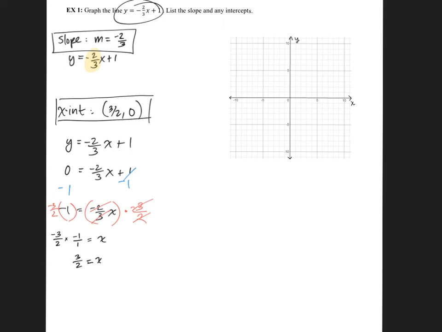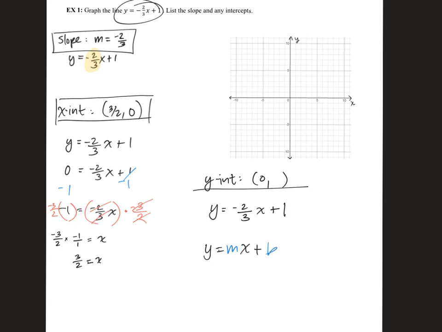Alright, so the next thing is going to be our y-intercept. So solving for our y-intercept, we could spend a lot of time solving, but I'll show you a trick. The nice thing about the slope-intercept form has to do with why it's called that. Well, remember, the slope-intercept form looks like y equals mx plus b.